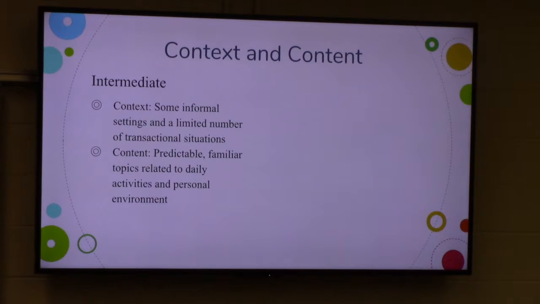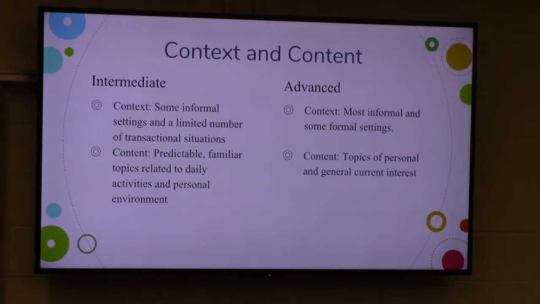That makes sense. We know what they're trying to talk about. We taught them certain topics. We know what they can do, right? They can talk about familiar topics related to their personal life, their daily life, their immediate environment, okay? For advanced speakers, they can deal with most informal settings, okay? Not formal, most informal settings, and some formal settings.